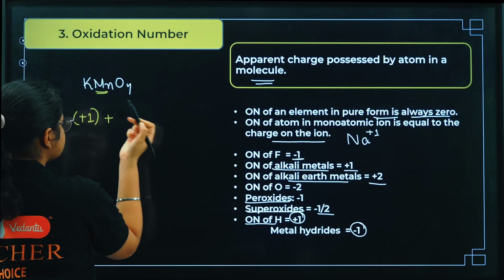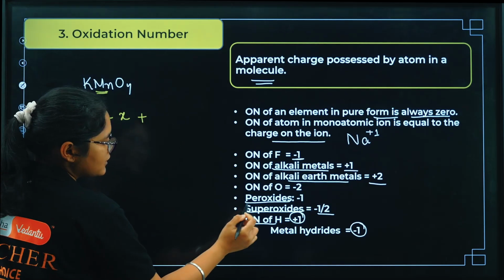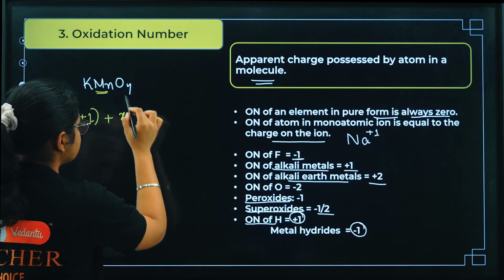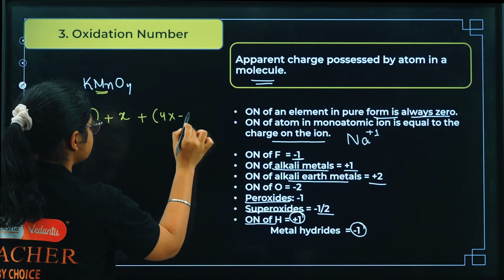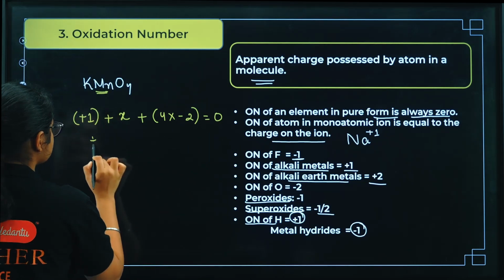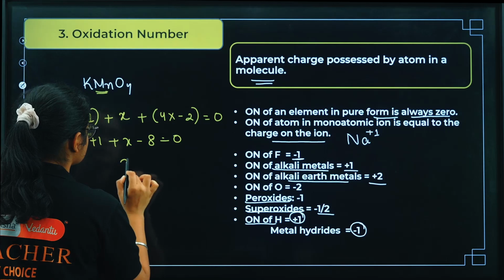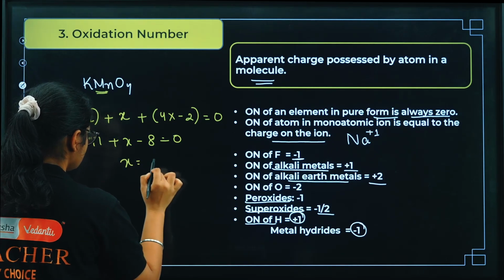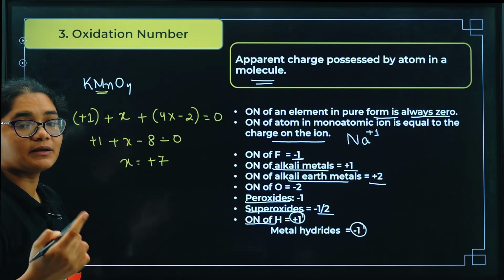Manganese I want to find out, I don't know, let it be X. Next, the oxygen oxidation number is -2, right? But there are 4 oxygens, so it is 4 times -2, and the net charge equals 0. So if I calculate, +1 plus X minus 8 is equal to 0. So X is equal to +7. So the manganese oxidation state is +7.